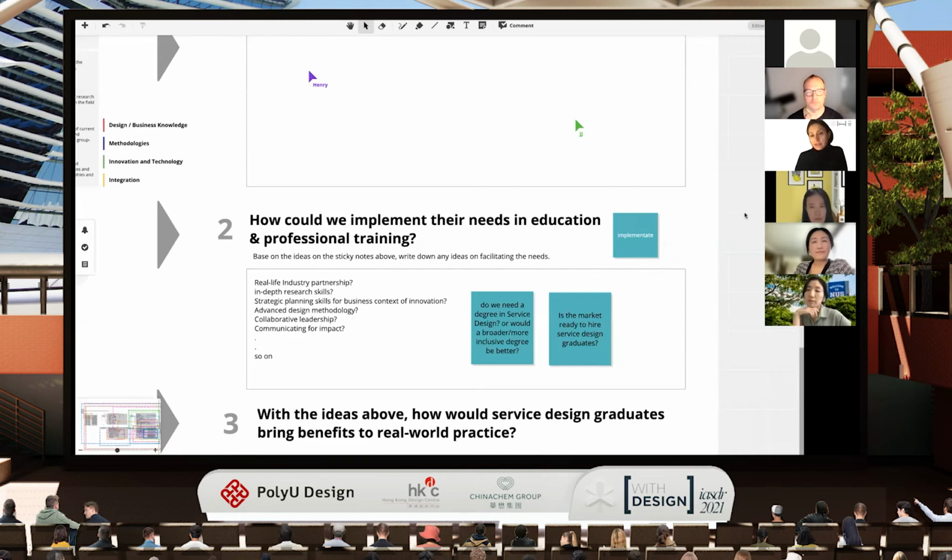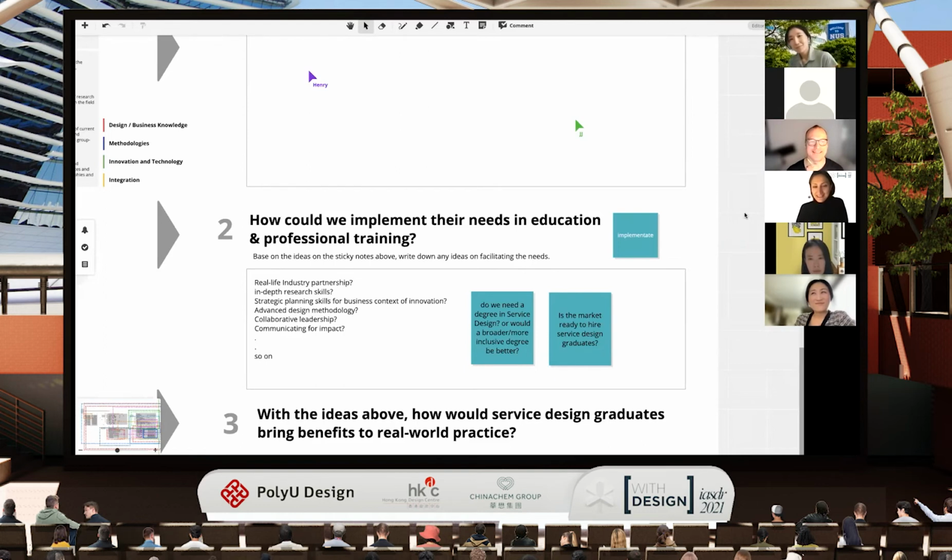And broader than service design, I don't know what it is in terms of education. We were actually saying that we need more specialization, more technical knowledge, because service design education tends to be generalist, very broad in terms of understanding service innovation.